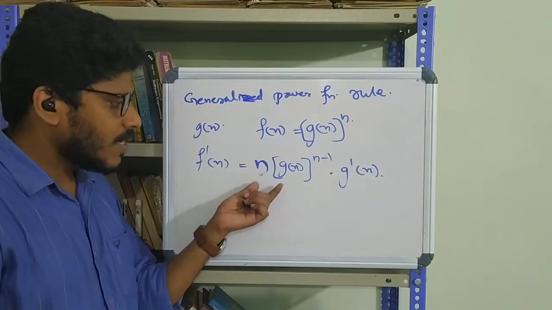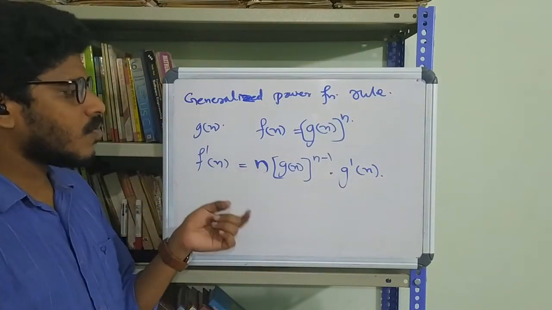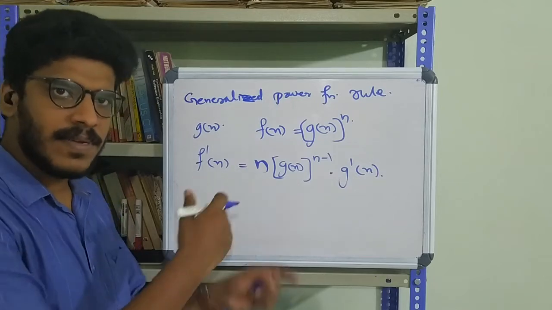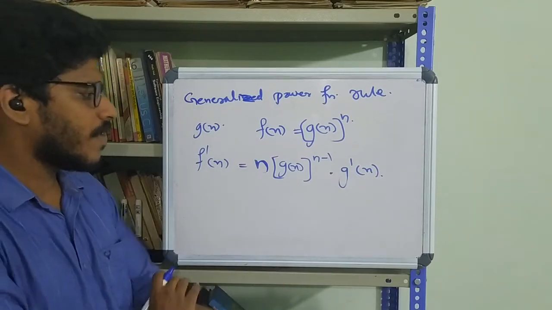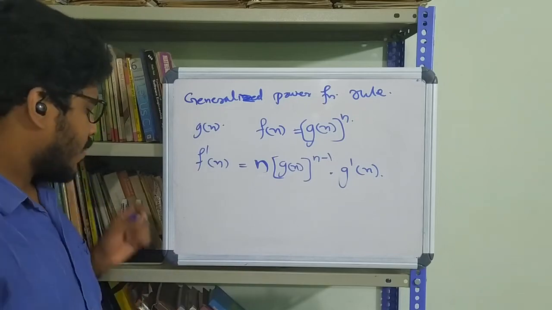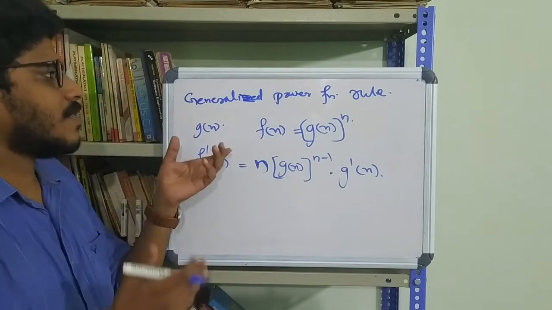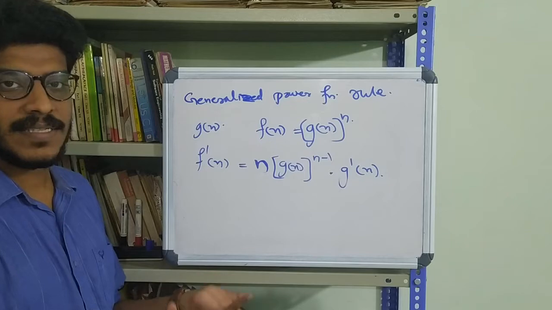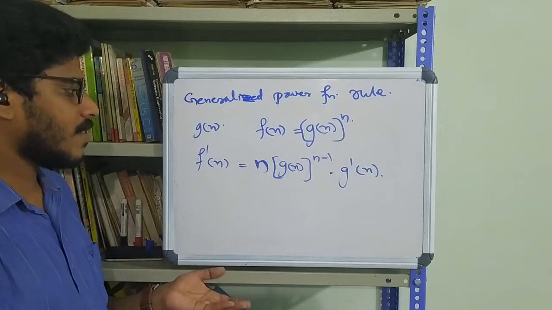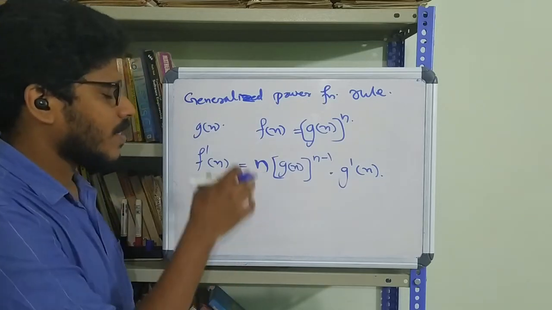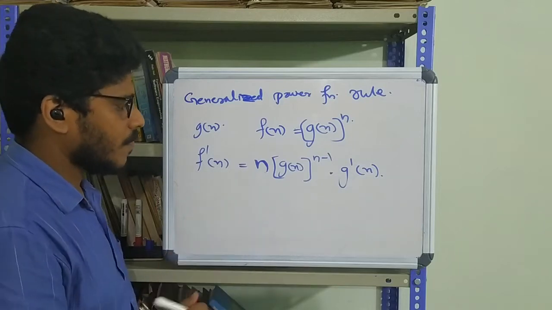This actually comes from another rule called the chain rule, which we will discuss very soon after this. Your textbook describes this generalized power function rule for some reasons, and for that reason we are obliged to discuss this prior to the chain rule.